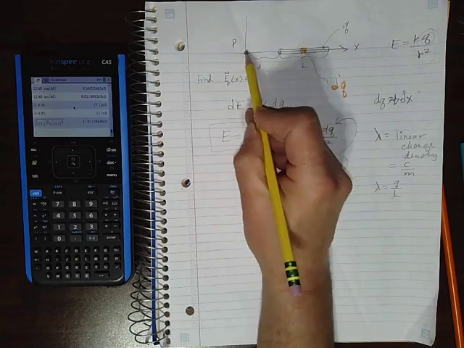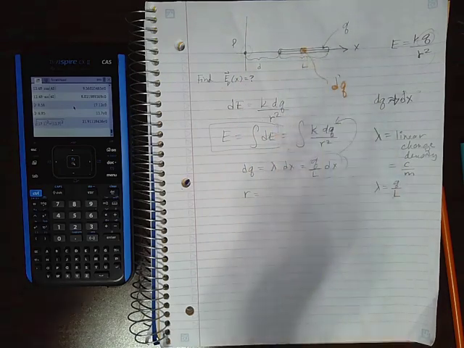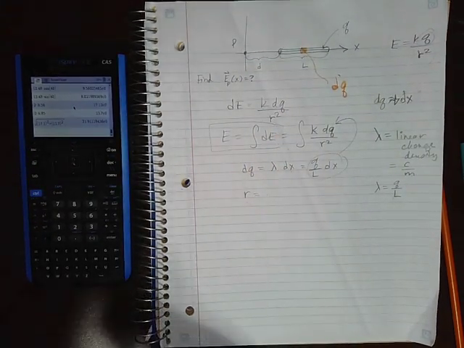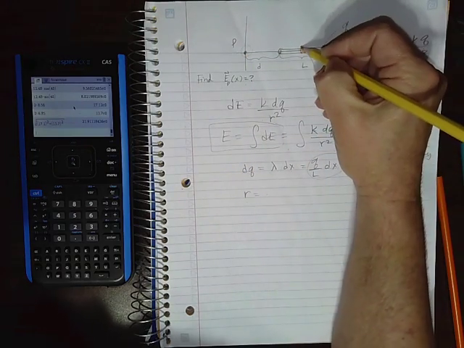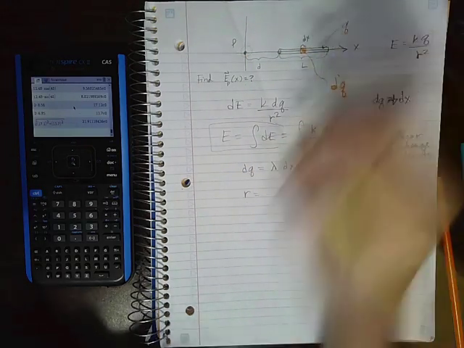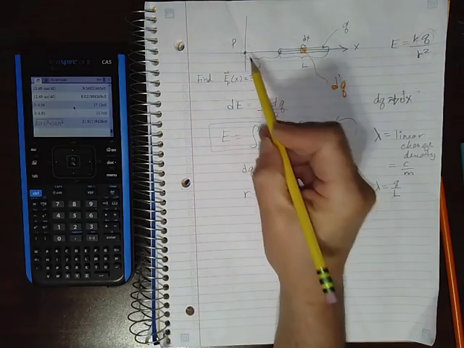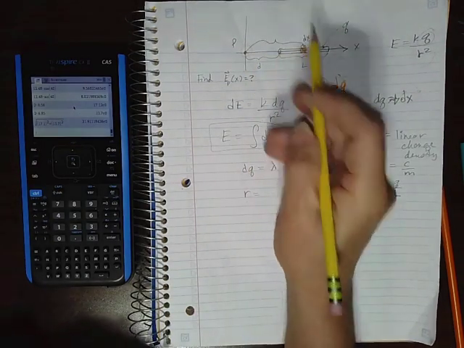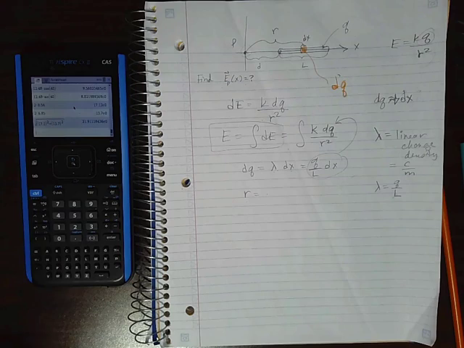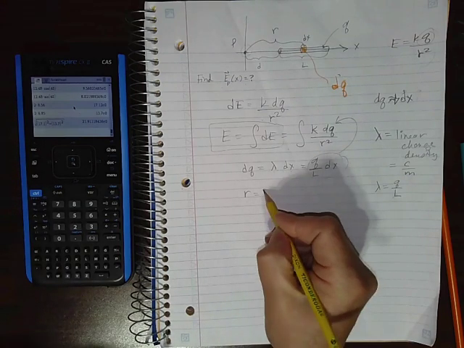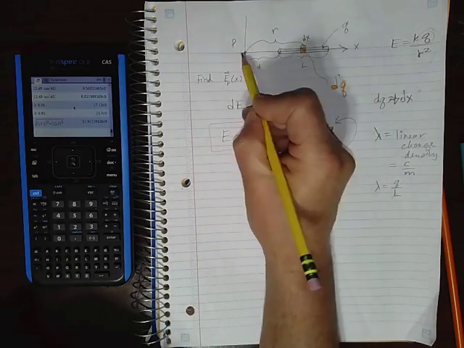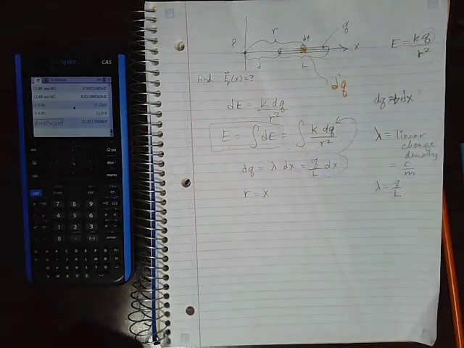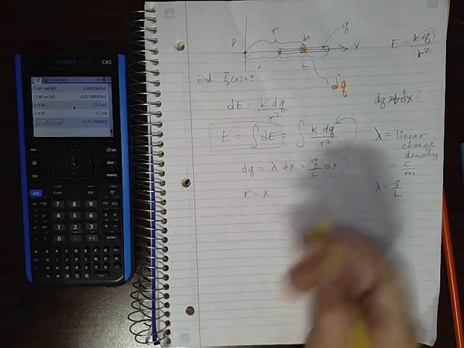So what is the distance from point P to our little dq, our little dx here? In this case, r is just x, because we put P conveniently at the origin, so from here to here is just x. That's our variable x. Good. Now we can rewrite our integral.